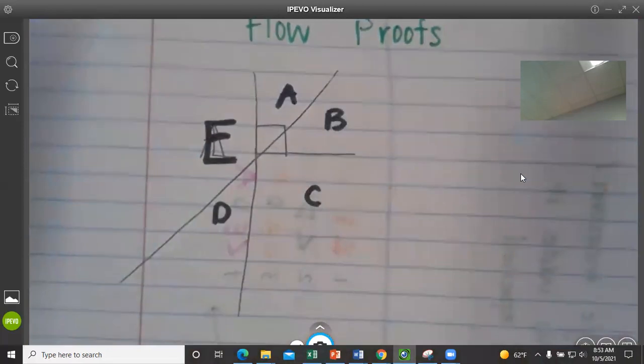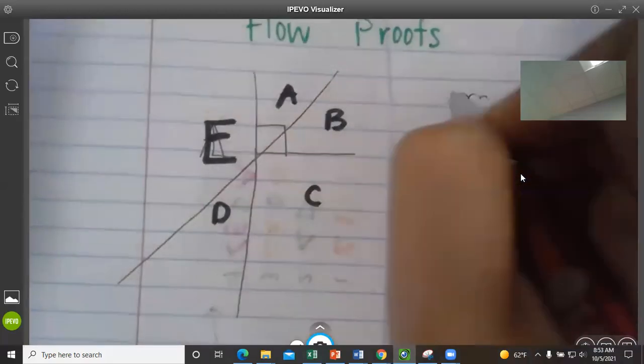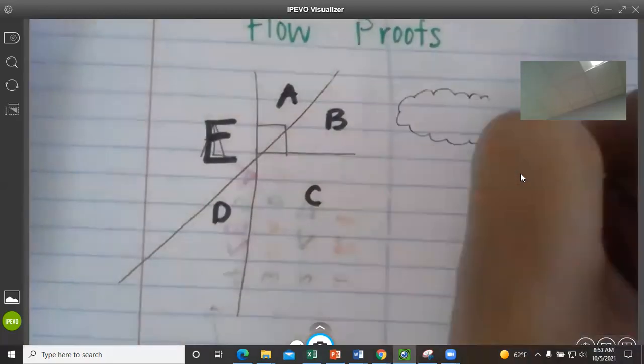Now, the way the cloud proof works, and all proofs work this way, is that when you say something, you then have to give the reason for it. In all of them, that's what you're doing; you just do it in different ways. In a cloud proof, or flow proof, you're going to draw a cloud.